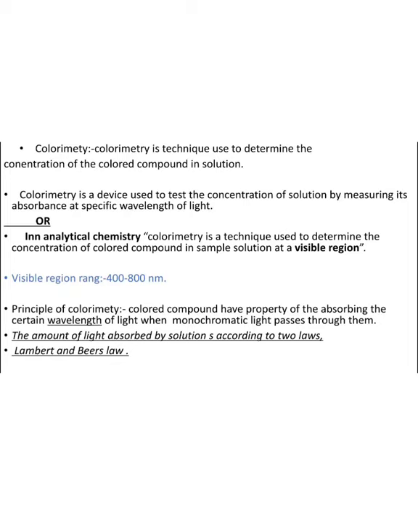Principle of colorimetry: the colored compound has the property of absorbing a certain wavelength of light. When monochromatic light passes through it, the amount of light absorbed by the solution follows two laws, Lambert's and Beer's law. Mainly, the colorimetry instrument works on Lambert's and Beer's law.